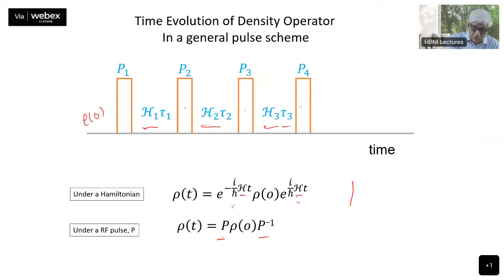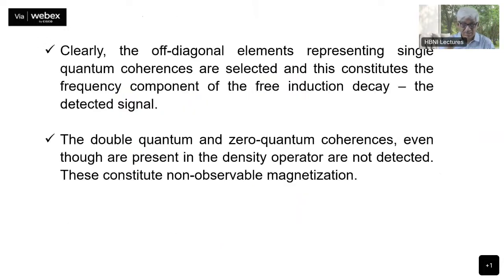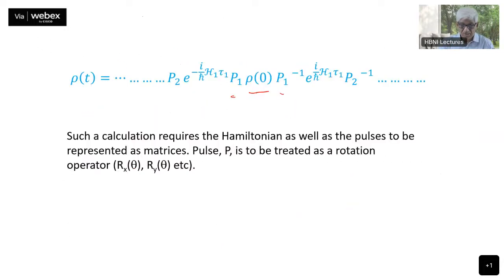Right? So at this point, it is rho equal to 0 so far as this evolution is concerned. And what is this point here? This point is P1 rho of 0 P1 minus 1. That was that point. Therefore, this portion is the rho of 0 for the evolution under H1 for tau 1. And this happens for the period tau 1.